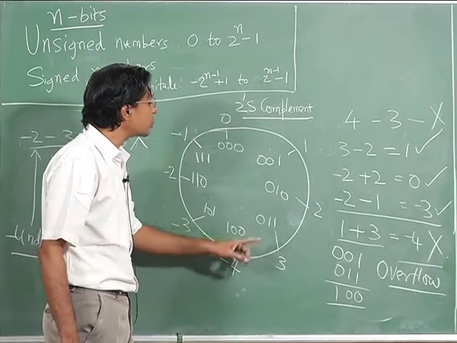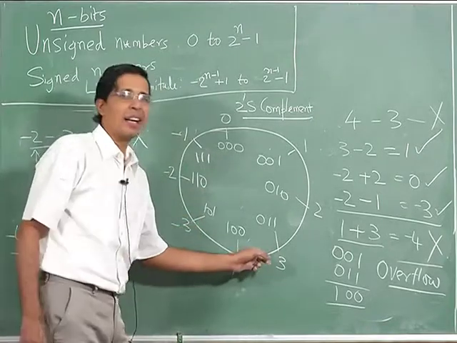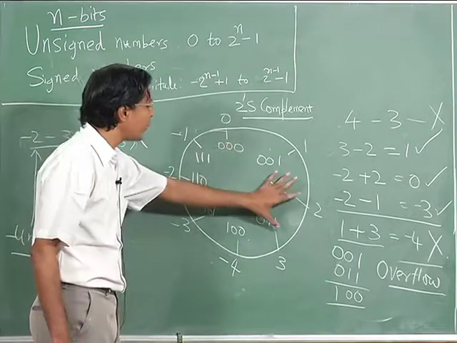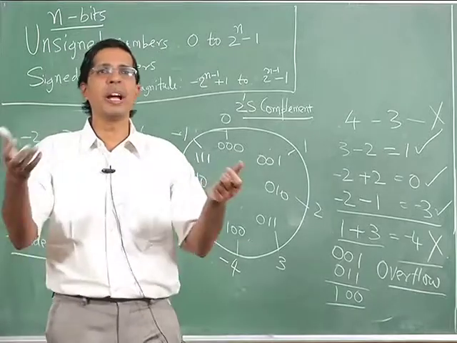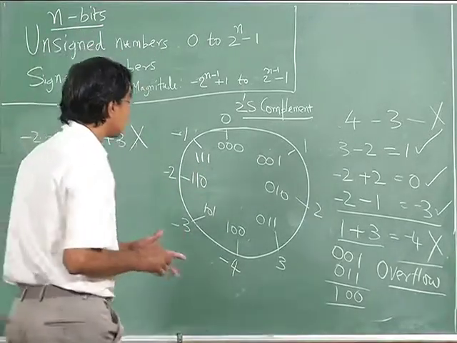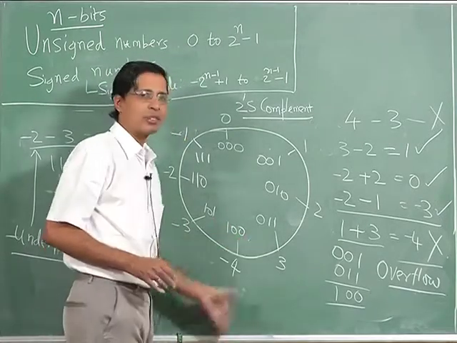Take any combination of one positive and one negative number, do arithmetic on it, you can never create an answer that is greater than 3 nor less than minus 5.